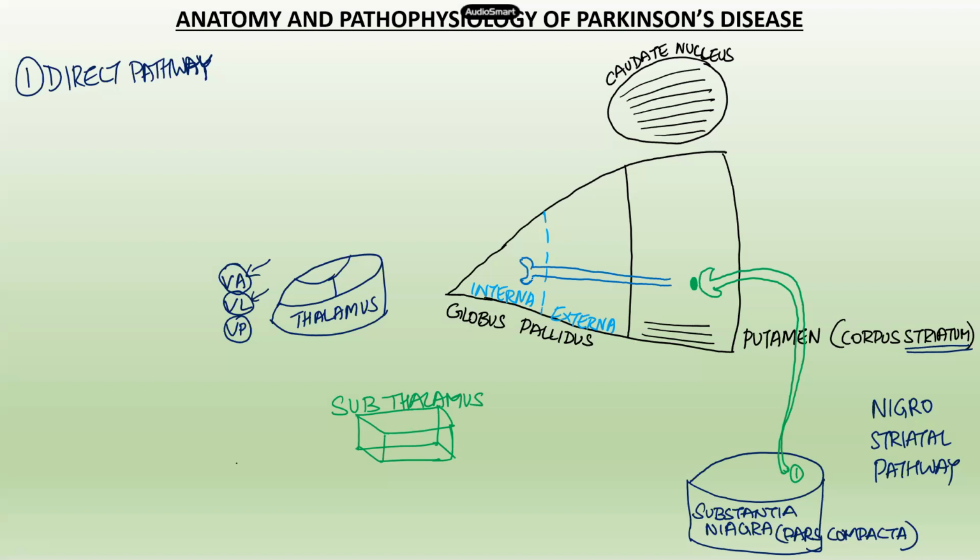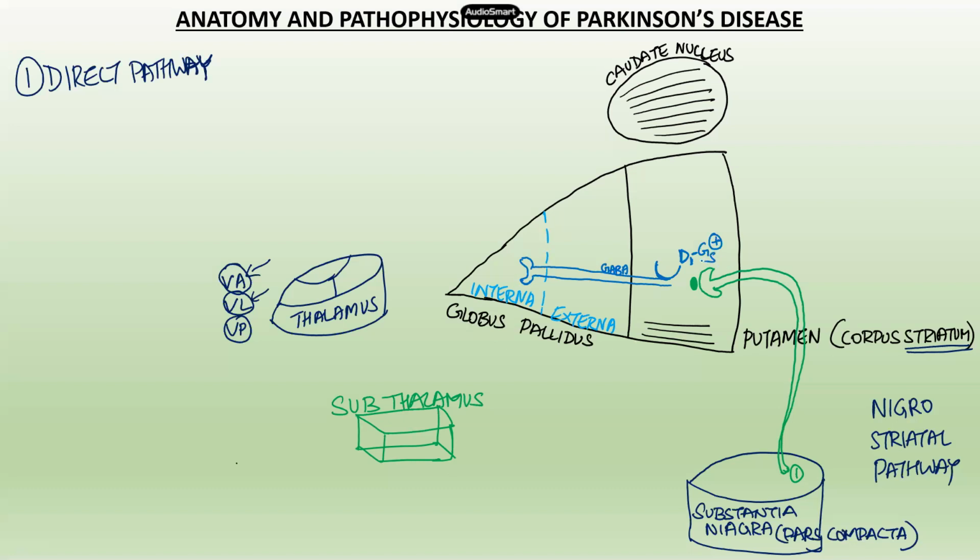Now this GABAergic neuron has a receptor, and that receptor is the D1 receptor. D1 receptors, as you already know, are G protein coupled receptors, and the G protein over here is Gq, and these are stimulatory proteins. Or it's actually not Gq, it is Gs.